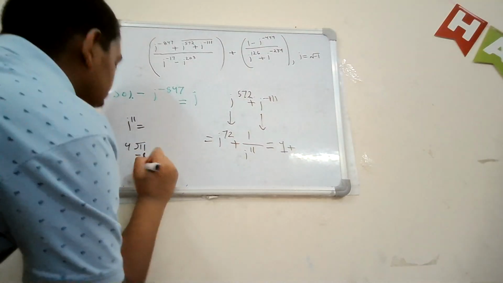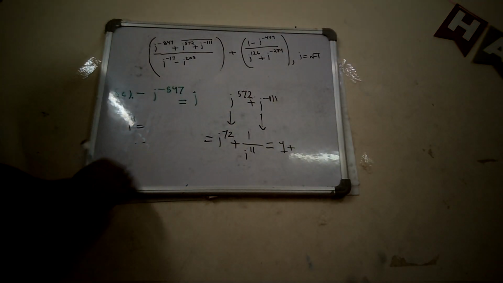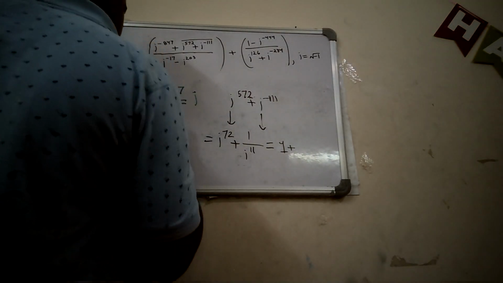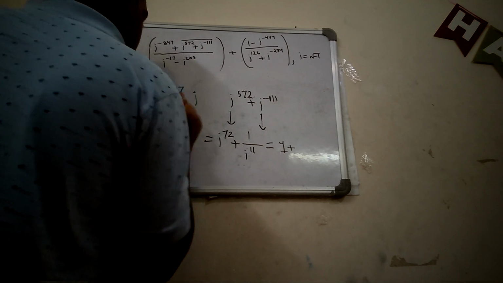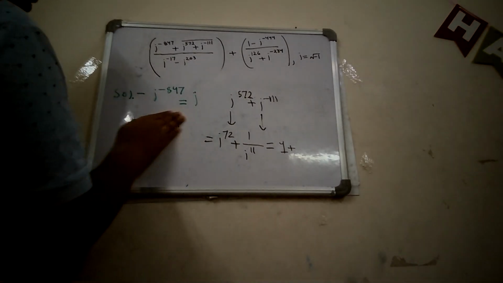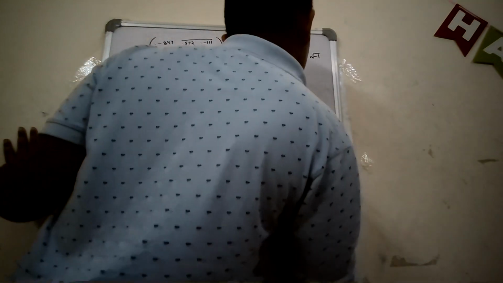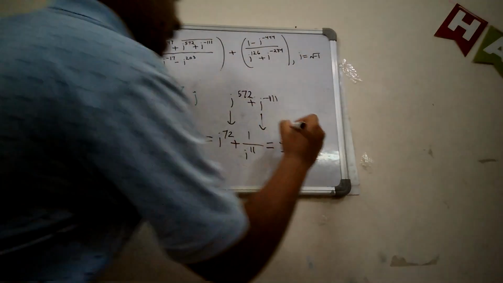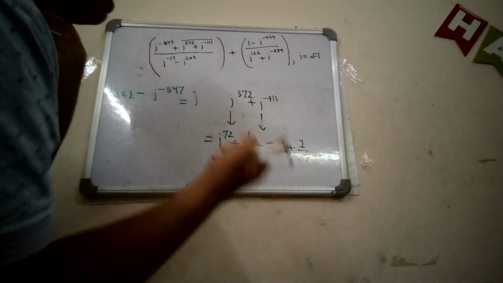The remainder is 3. So this will be I cubed, which is negative I. Sweet. So 1 upon negative I. Now, we know that in the last example, this is the exact same solution we got. 1 upon negative I, remember?